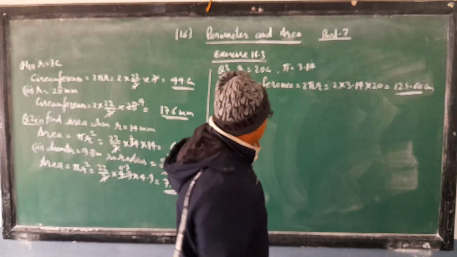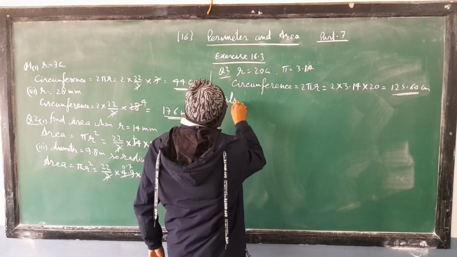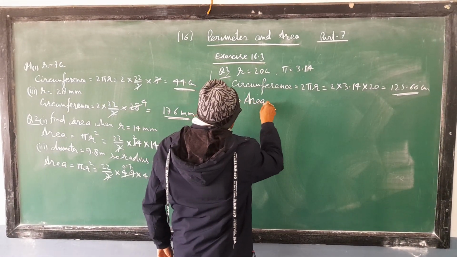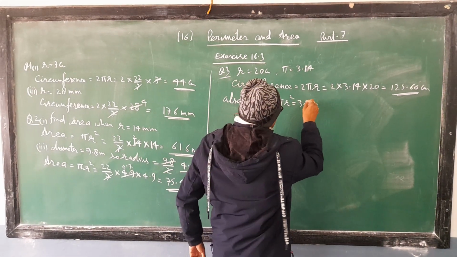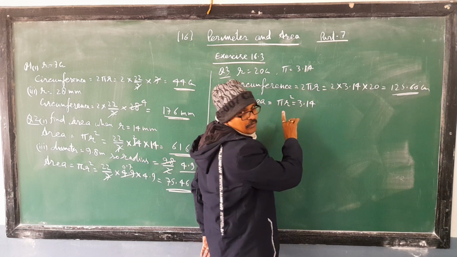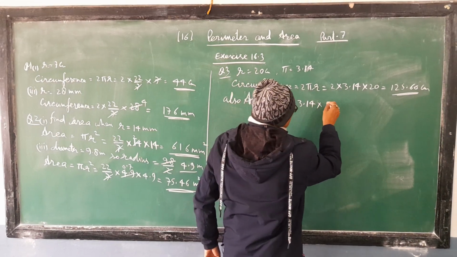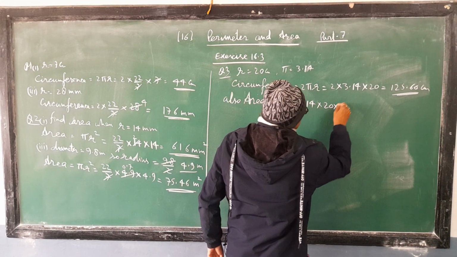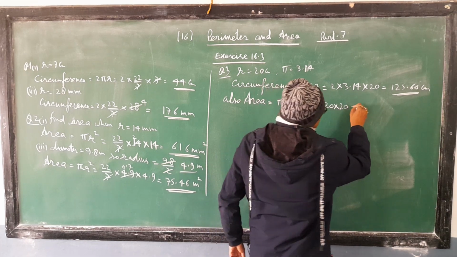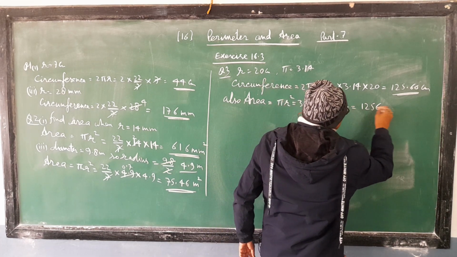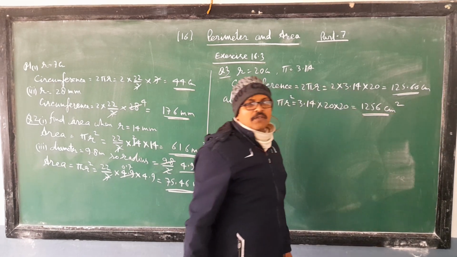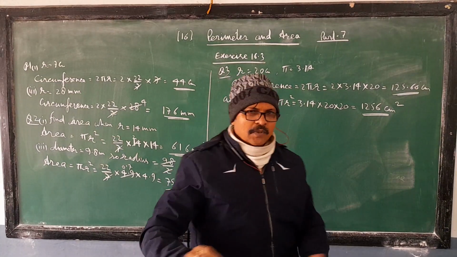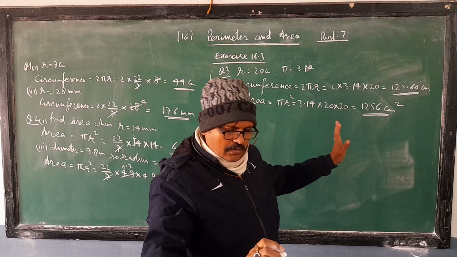And area is also pi r square. 3.14, the value is given, so you have to take the same value, into 20 into 20 is equal to 1256 centimeters square. All of you are understanding now?